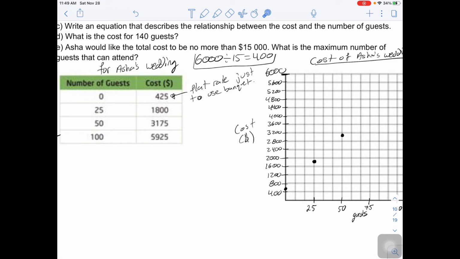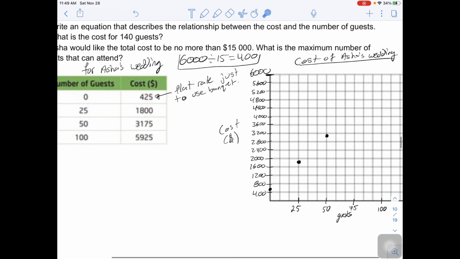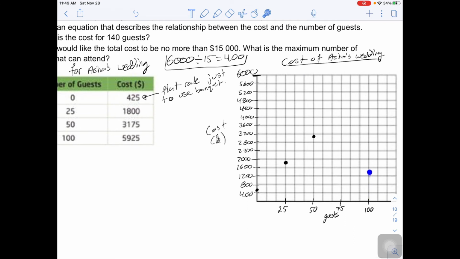And then 100 guests costs you roughly $6,000. It looks like we skipped 75 and now we're going to 100, so it's roughly right here. And recognize this is a linear relation. You can connect all these points and it's going to create a perfectly straight line.